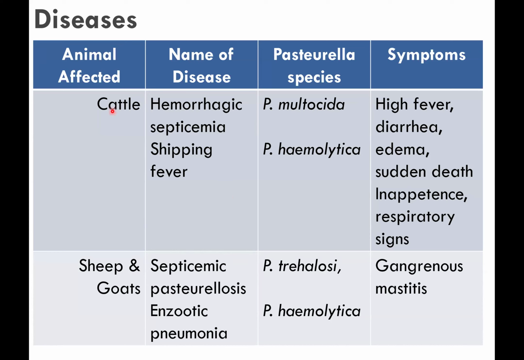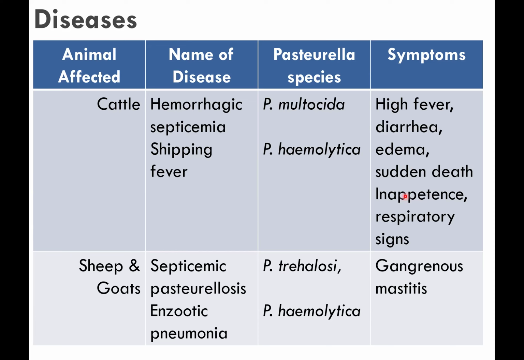So we have, for example, in cattle, I mentioned this, there is hemorrhagic septicemia, and it's caused by P. multocida. Then there is another disease which is called shipping fever. Shipping fever is not only caused by Pasteurella, but it is one of the causative agents.